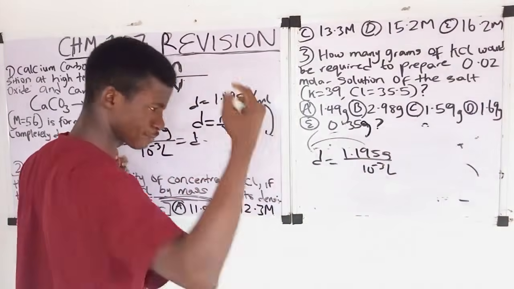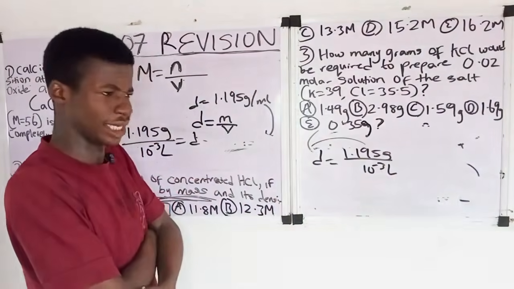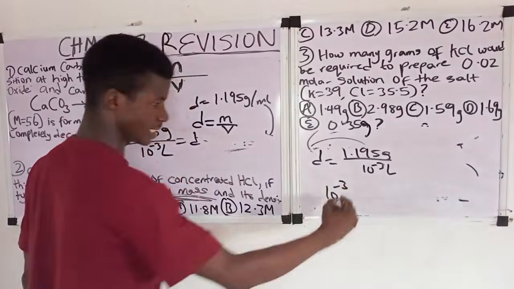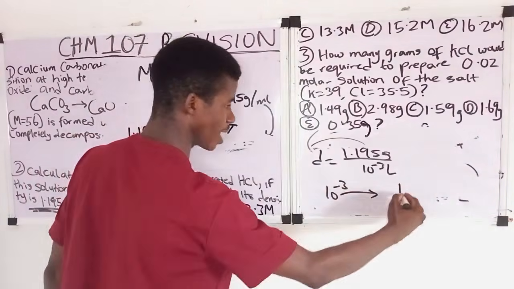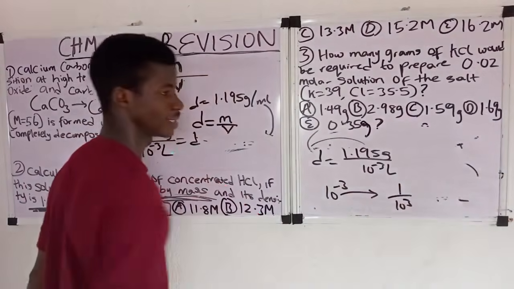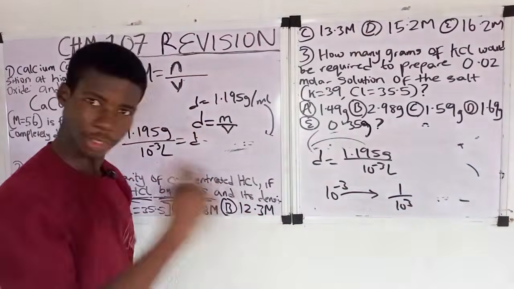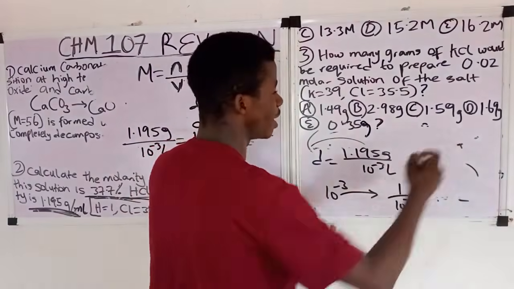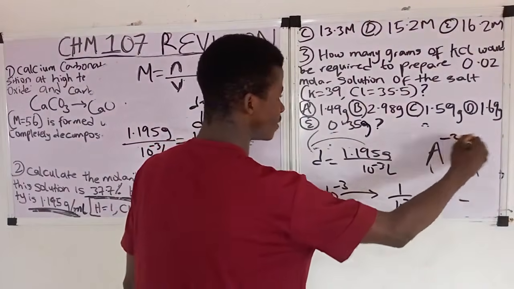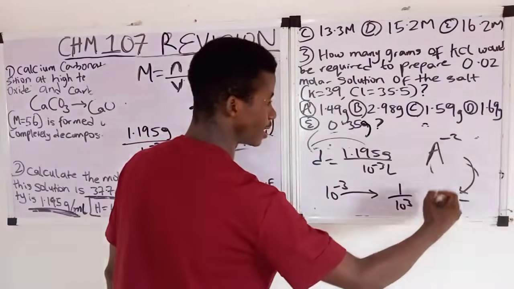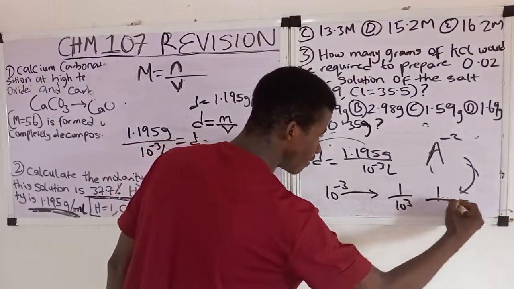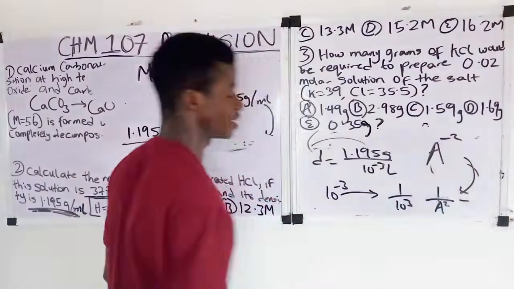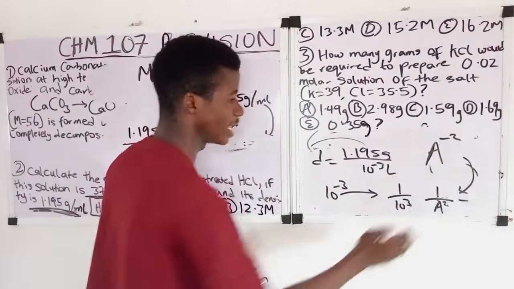Yes. Now, according to indices, when a number is raised to a negative power, it means 1 divided by that number raised to the positive value.